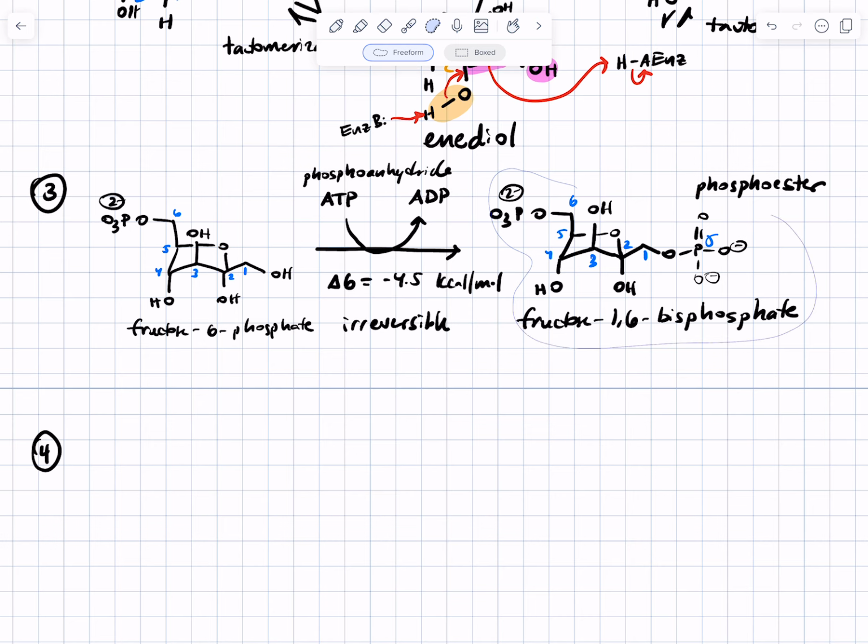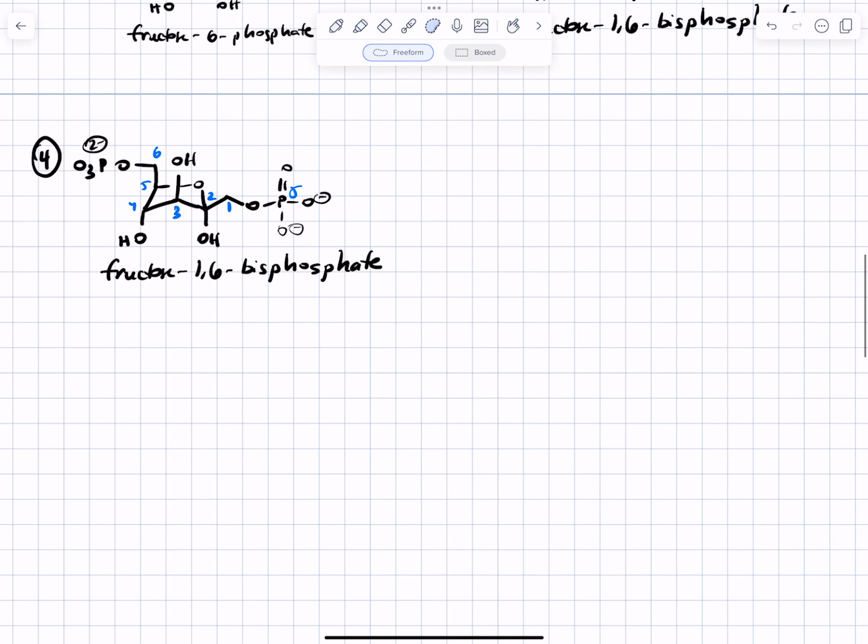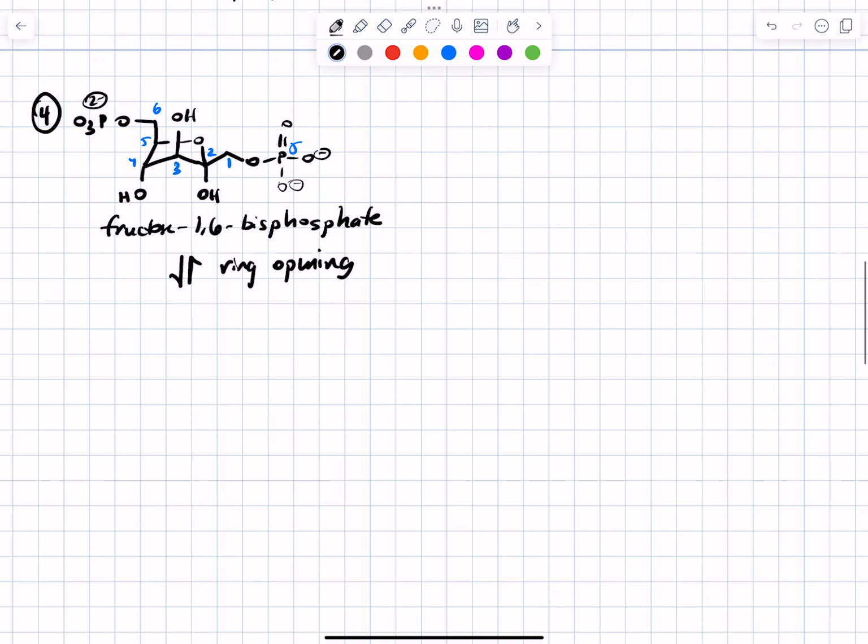So, step 4 begins with fructose 1,6-bisphosphate. We're going to first ring open that up. And I won't show you the mechanism for ring opening because you already know it. But let's just draw the resulting product.